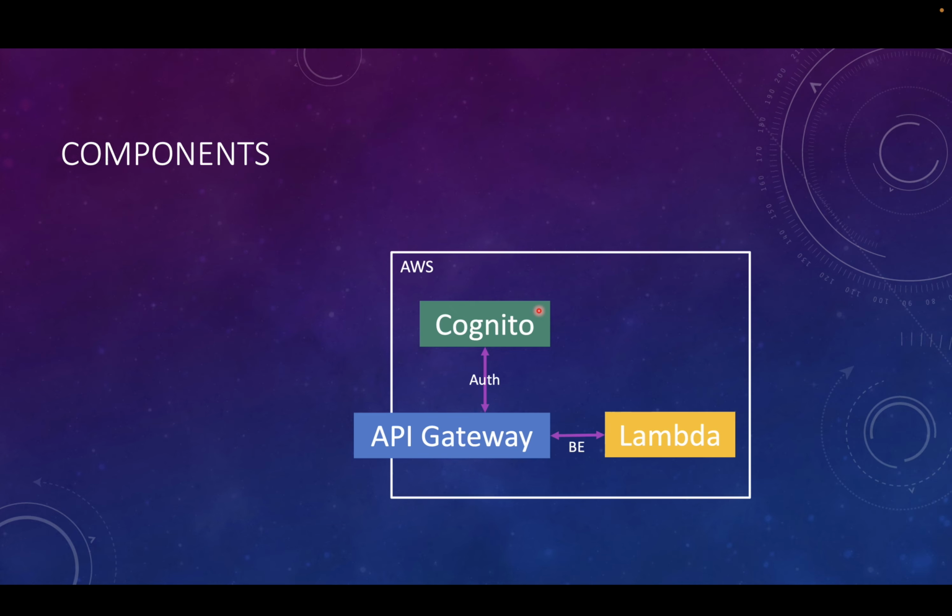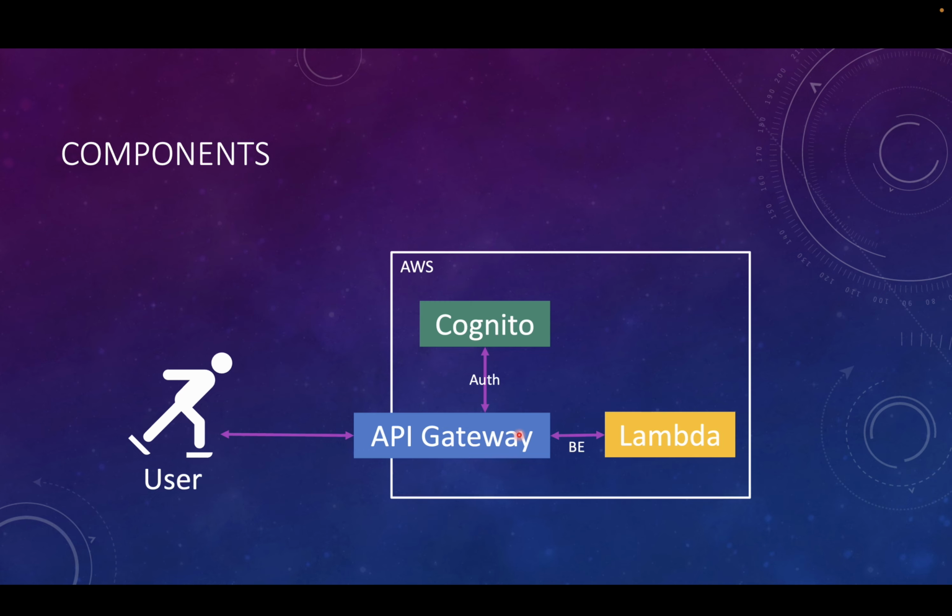The backend that I use in this tutorial is a Lambda function. This Lambda function only returns hello world. And then this is us, this is the user. So the user will access the public API Gateway. Okay, that's all from me.